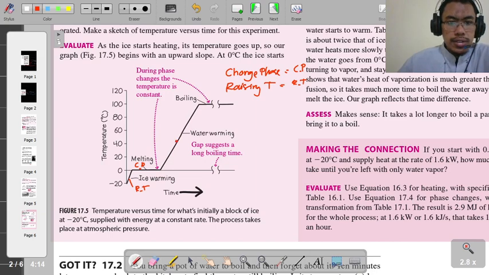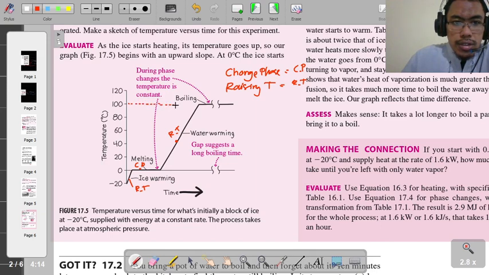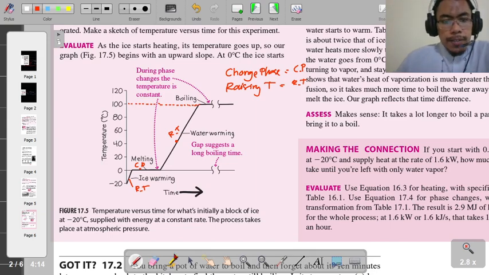So in this point, the heat is used to raising the temperature. And after we get to the boiling point, which is 100 degree of Celsius, then the heat is used to transform the phase, or change the phase. So in this point, the condition is to change the phase.